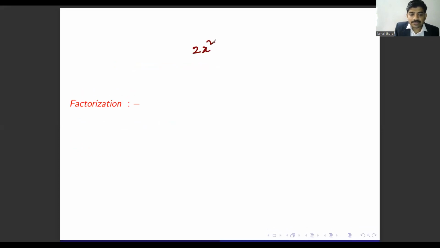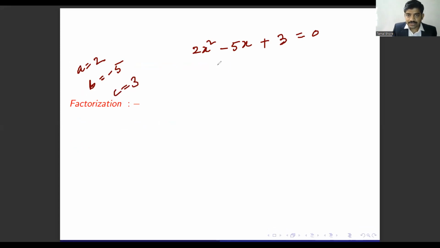2x square minus 5x plus 3 is equal to 0. Here a value is 2, b value is minus 5 and c value is 3. So how to get the solution? So first what I will do, I will multiply the coefficient of x square with the constant term, 2 into 3. Okay.